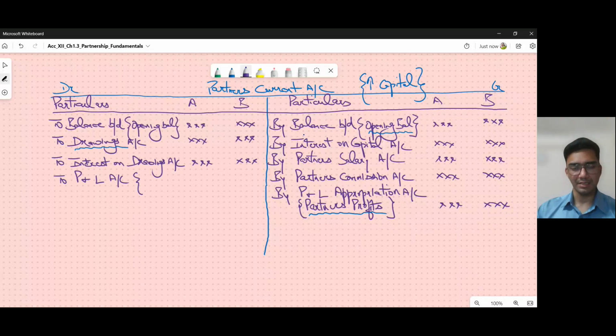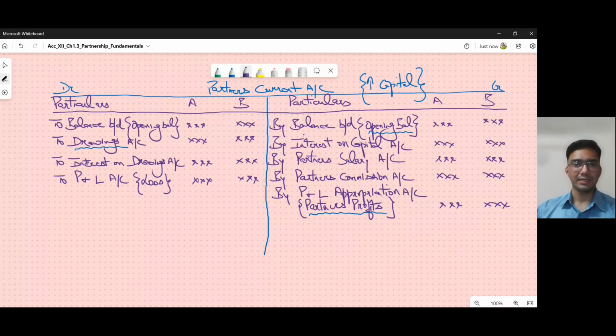When I write this, it means the loss. So the loss, whenever a partnership firm is also making, we normally don't carry this to the P&L appropriation account. We don't show a loss over there. So in that case, we directly bring it to the partner's current account. And if we are bringing it to the partner's current account, we will bring it on the debit side, and we will show this on the debit side as to profit and loss account.